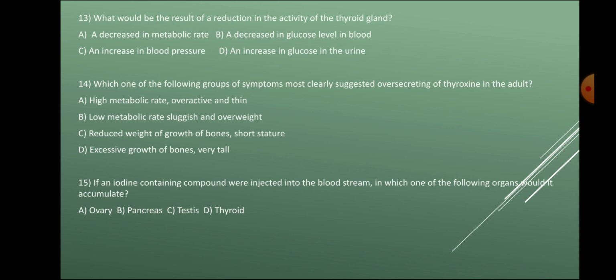C, testes. And D, thyroid. So the correct option is D, thyroid. That means if iodine-containing compounds were injected into the body, the thyroid gland would accumulate them.